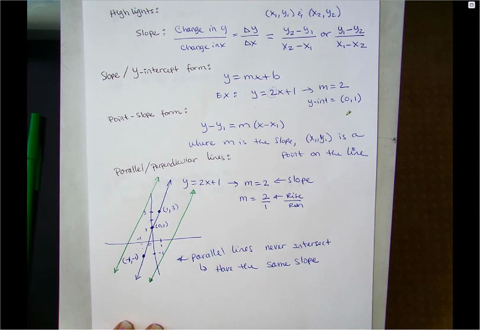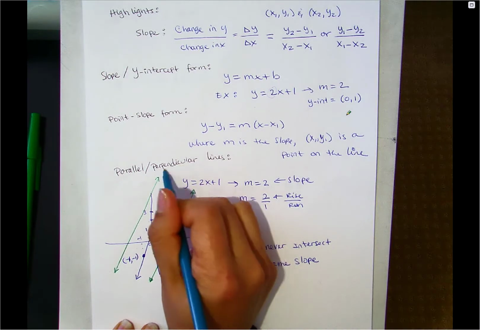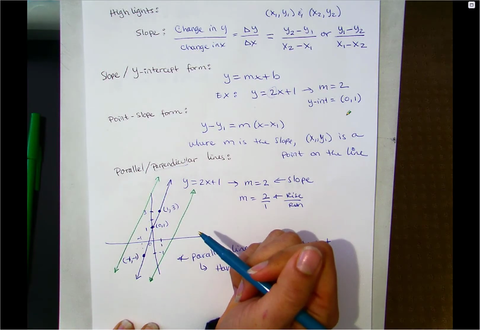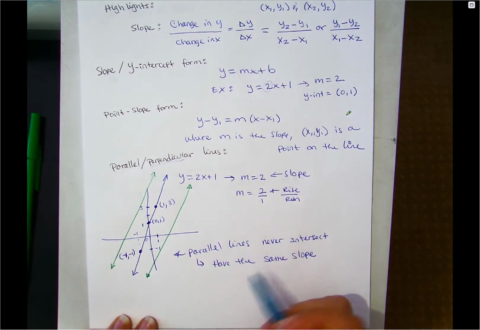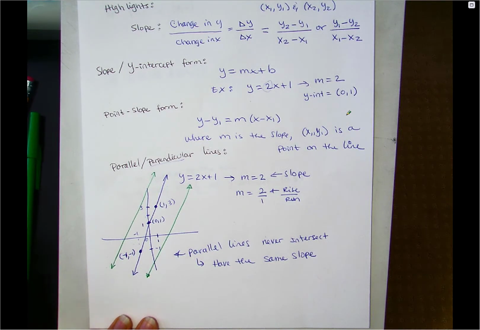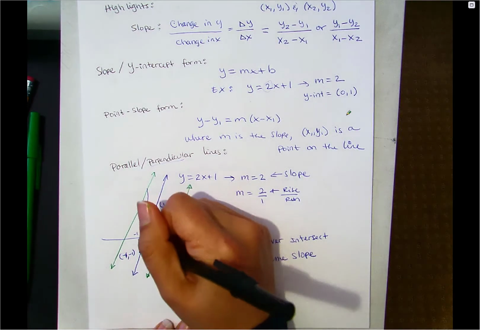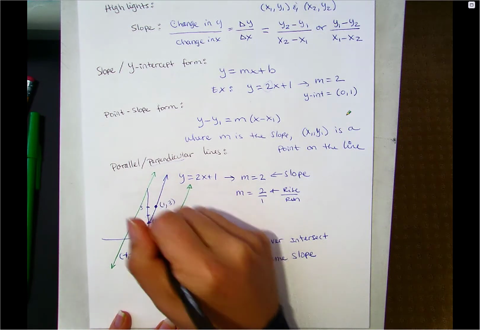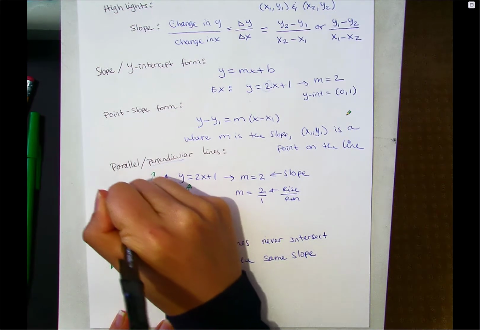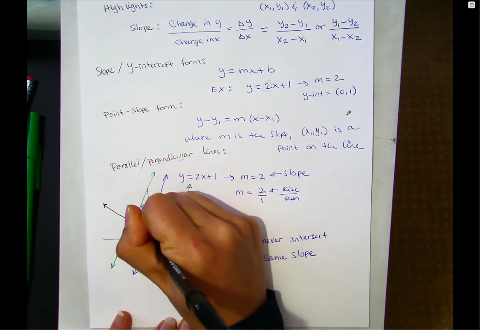Now perpendicular lines. Things are perpendicular when they make a right angle with each other. So a perpendicular line is going to essentially come to one of these, to all of them really, at a 90-degree angle.